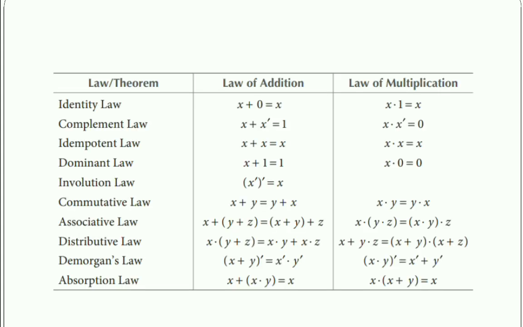Here we can see the table of different laws or theorems in Boolean algebra. In the idempotent law, if you are performing the addition of the same quantity, it gives the element itself. Here I am multiplying the same element with itself, and it gives the answer itself.